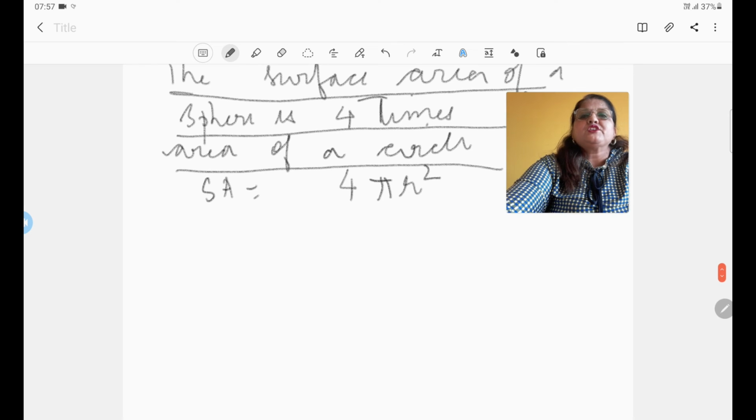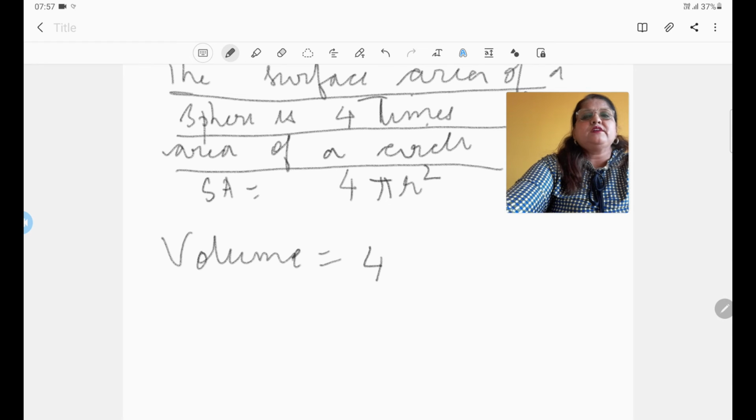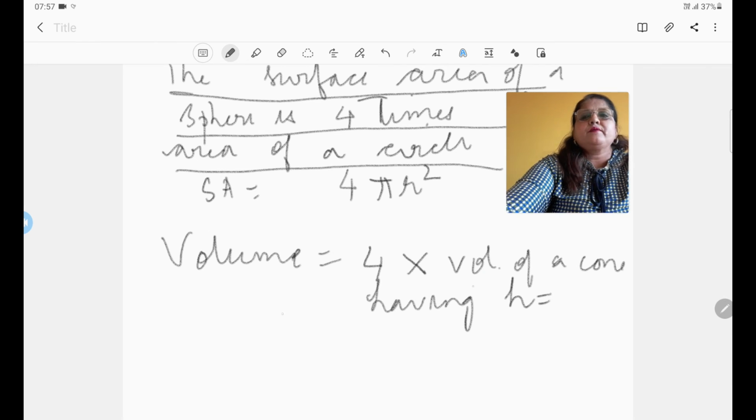Okay, and volume is 4 times the volume of a cone having h equal to r. Remember it this way. Volume is 4 into volume of a cone having h equal to r.